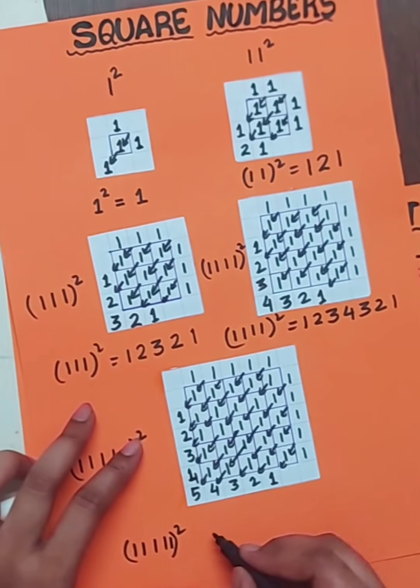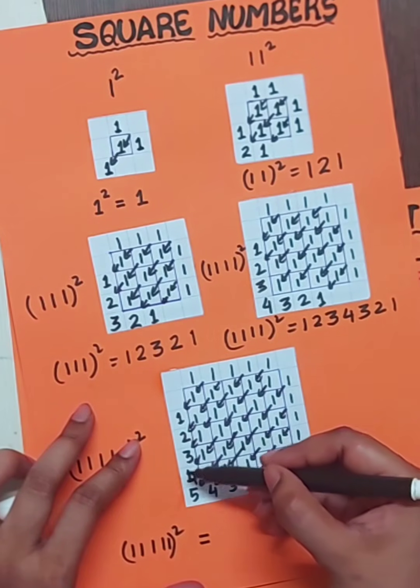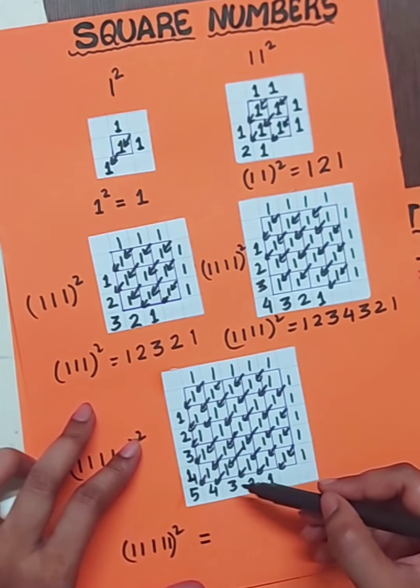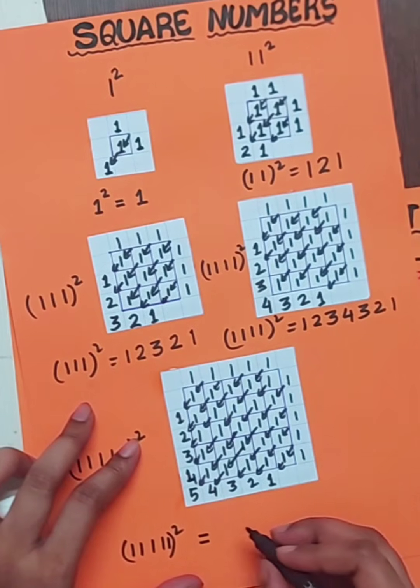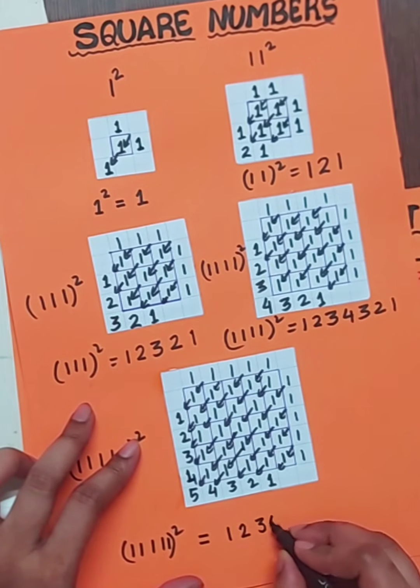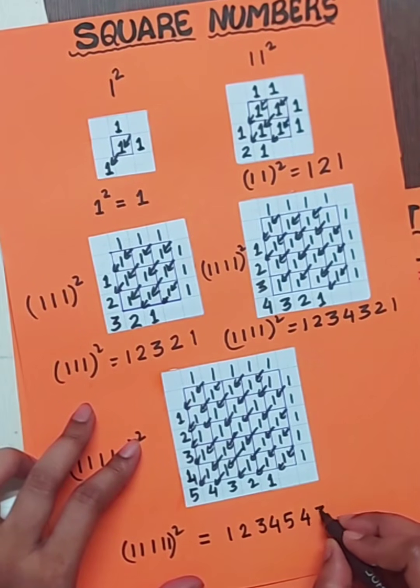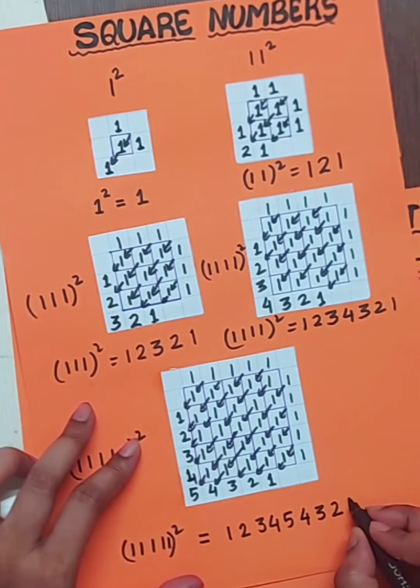See, the square of this number is equal to 1, 2, 3, 4, 5, 4, 3, 2, 1.